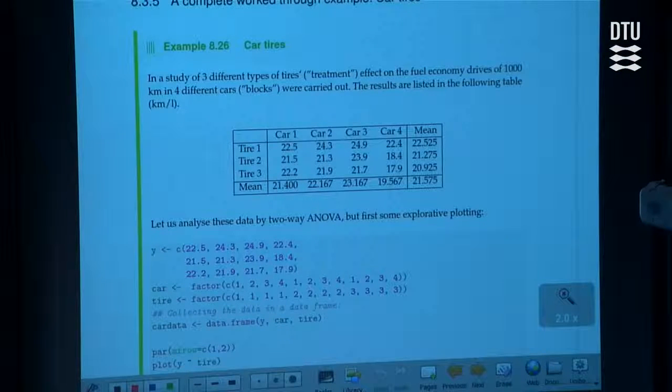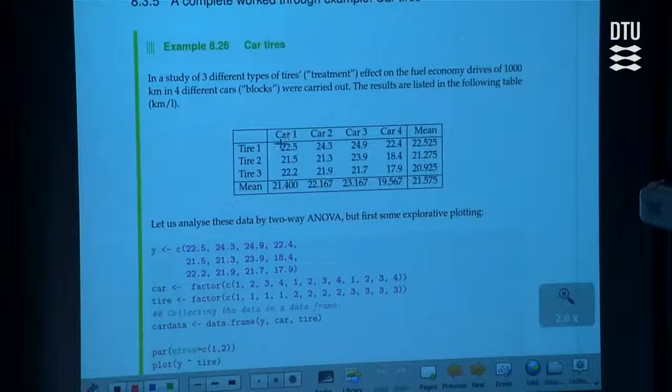It's just for historical reasons that something was called a treatment and another thing was called a block. It's really just a 2-way table of 2 different things. Could be 2 different treatments, actually. So just remember, blocks can be different things. It doesn't have to be persons or something like that. In this case, blocks are cars, and the treatments are tires.